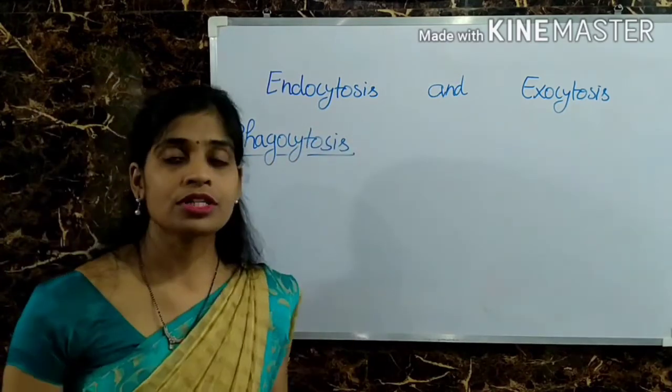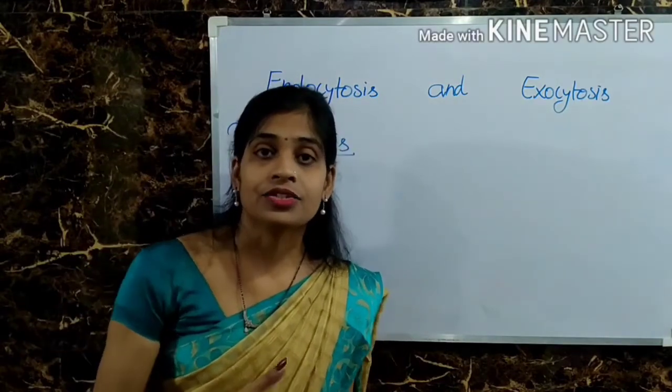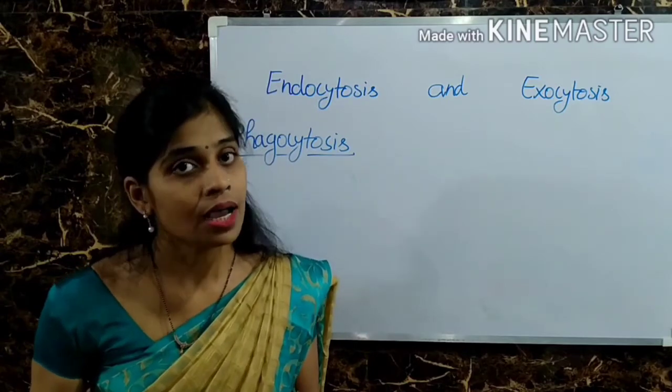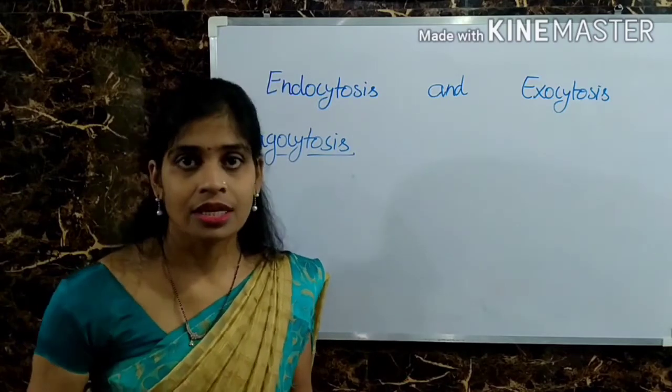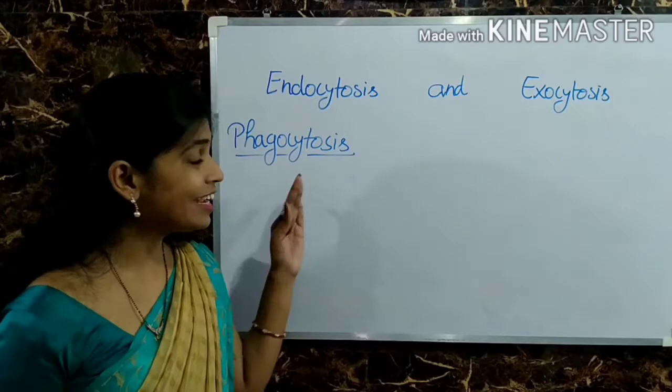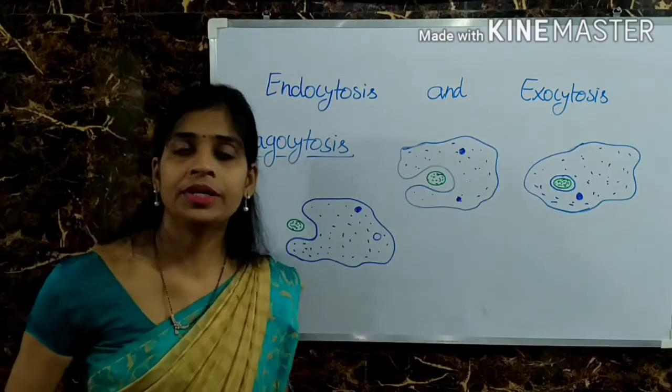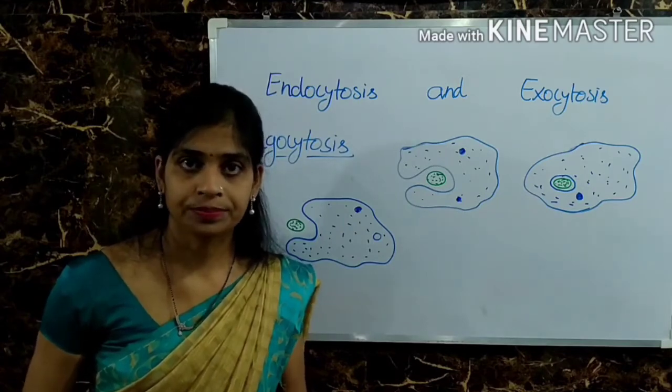So in phagocytosis, the cell takes the food particle through the plasma membrane. Let's see an example of taking a food particle into the cell. We will take the example of amoeba.